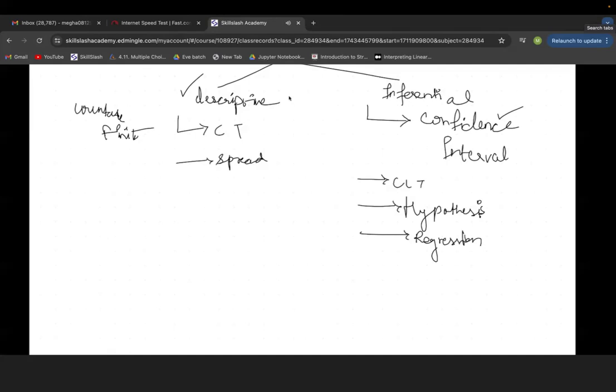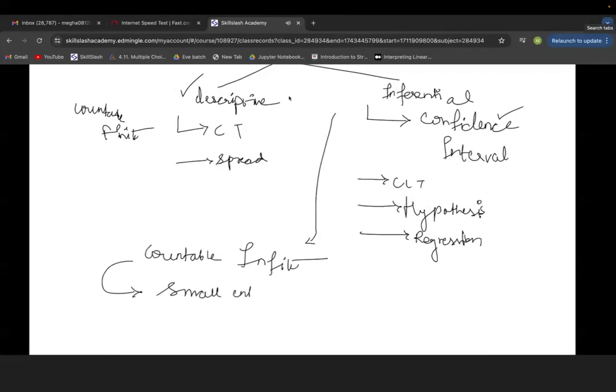Always understand that in the inferential approach, when the data set is countable infinite, we fetch the data for some particular time span, and it gives me a small entry of the population.